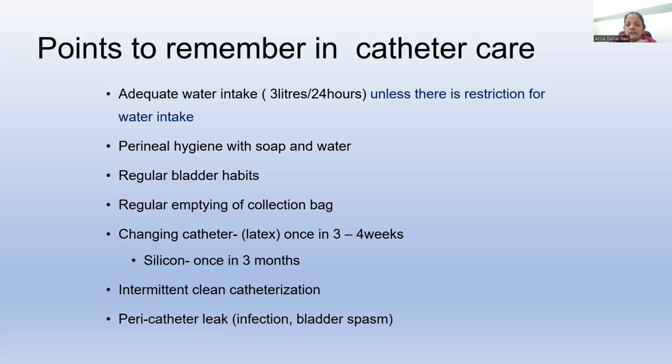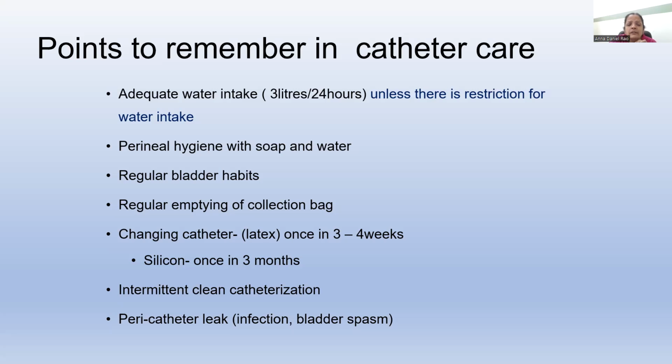Whenever any complaint is there, many times the patient may be in contact with you over the phone and may describe the complaints. At that time, you need to ask them whether there are any deposits, any color change of the urine, or when the last bag was emptied. Many times, because of bacterial reaction, the bag can become purple also.